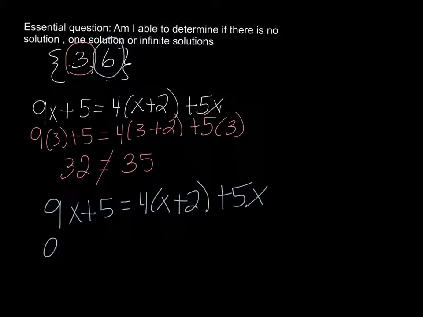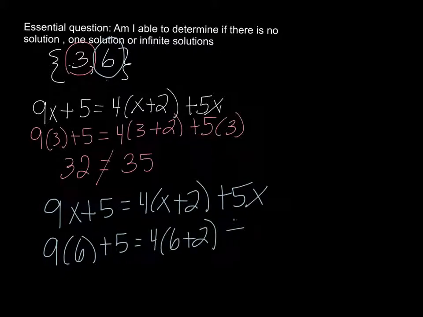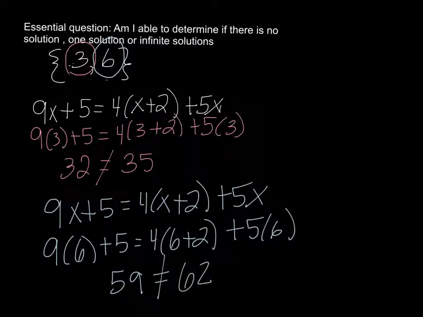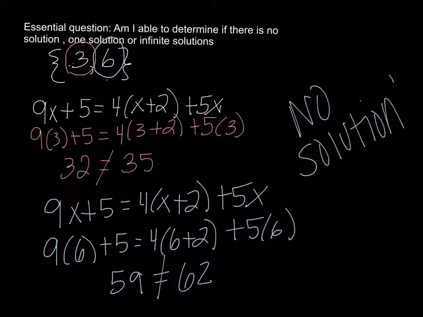So now we have 9 times 6 plus 5 equals 4 times 6 plus 2 plus 5 times 6. When we do all of that math, we get 59, and on the other side we get 62. Well, that doesn't equal, so we write no solution. And we're done.